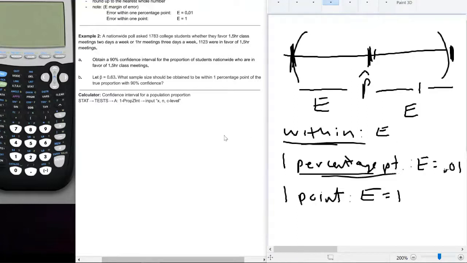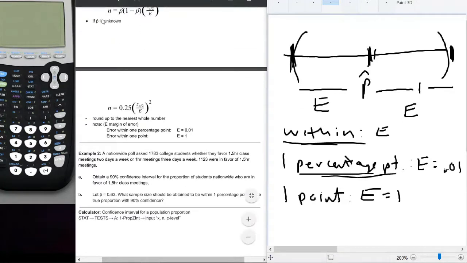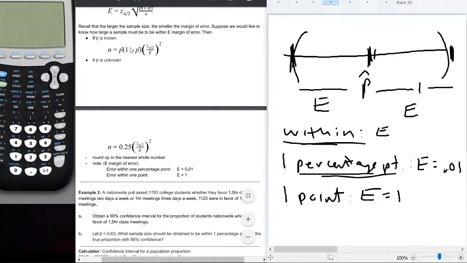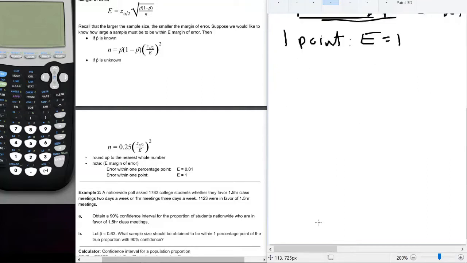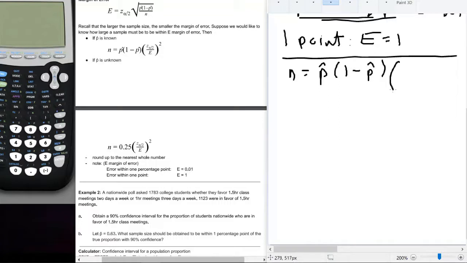Because here we are given the p hat, we're going to use this formula to estimate the sample size needed to be within 1 percentage point error. So we need n equal to p hat times 1 minus p hat, and then the critical value z alpha over 2 divided by the error, and then we square.